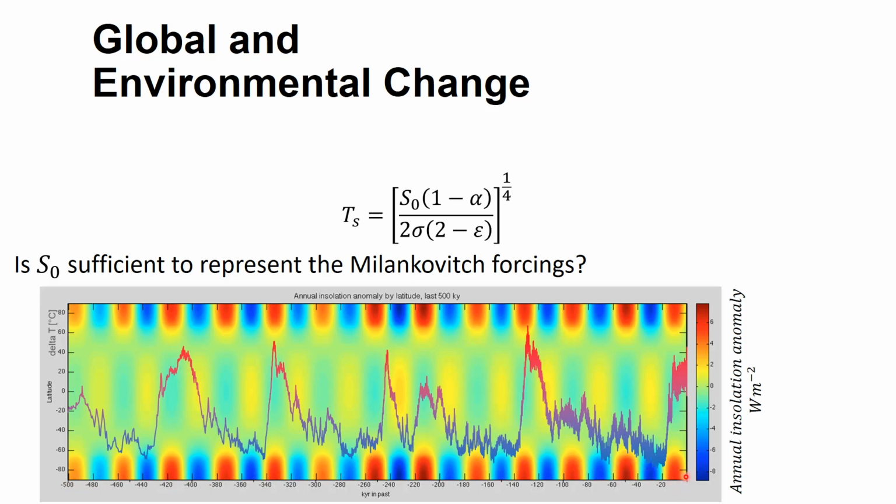Here, so the present is over here. This is 500,000 years ago, and you can see that we have strong seasonality changes as we are changing the axial tilt of the Earth's rotation, and this doesn't look like the climate that we get from these forces.